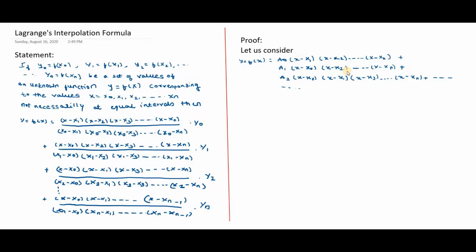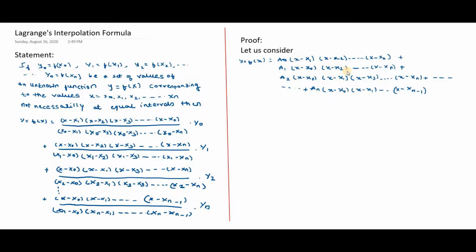last term plus an into bracket. In the last term xn is absent, so x minus x0, x minus x1, x minus x2 and so on up to x minus xn minus 1, because in the last term xn is absent.